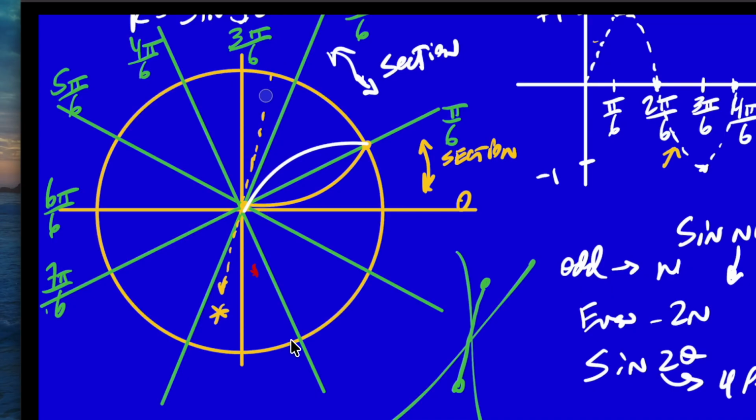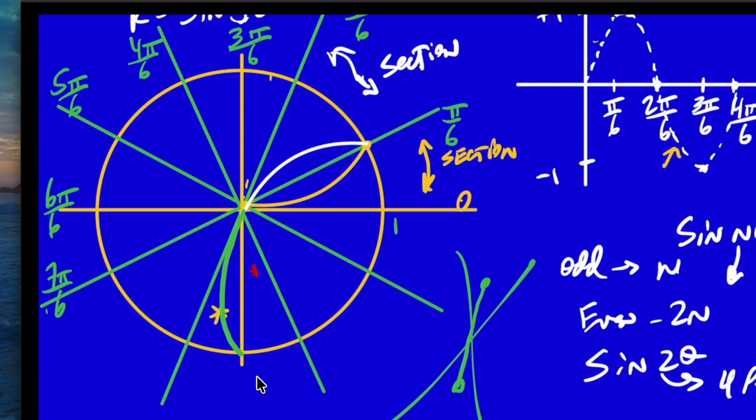We are going to move from a value of r equals 0 to r equals 1, and we're going to do it in that section. So we're going to go ahead and take our graph from 0 to 1.